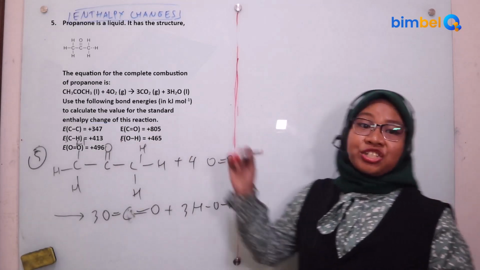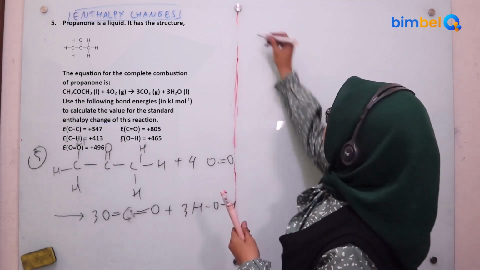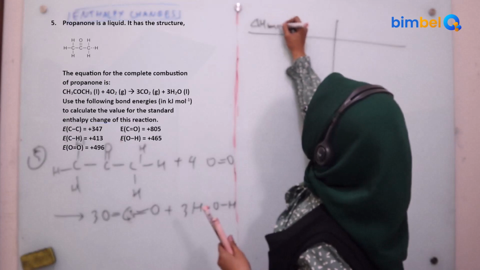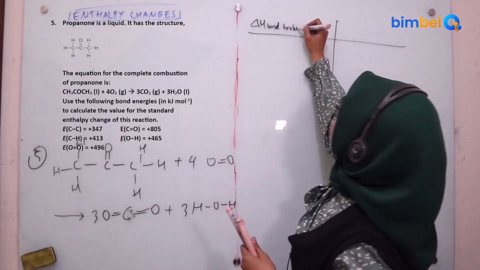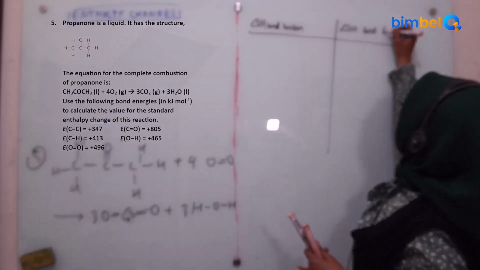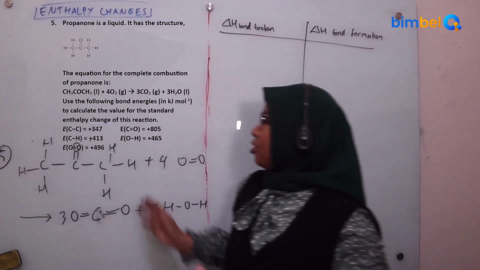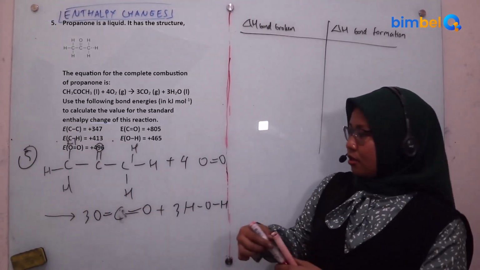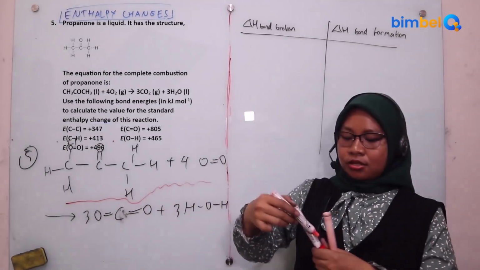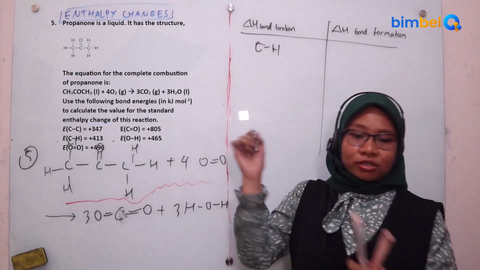Now we can identify each bond. Firstly, we use delta H for bond broken, and delta H for bond formation. For bond broken, we have to look at this side. First, the C-H bonds. How many C-H bonds?